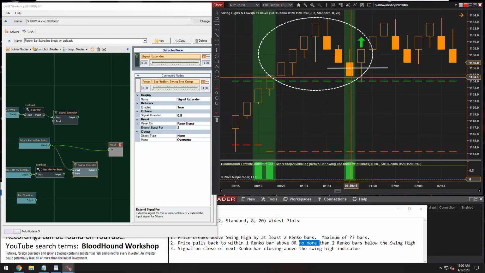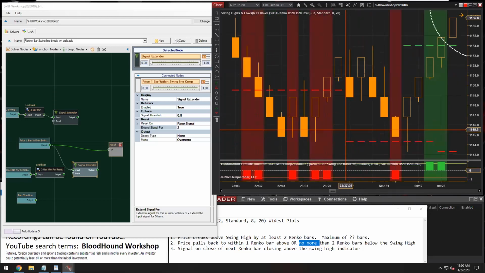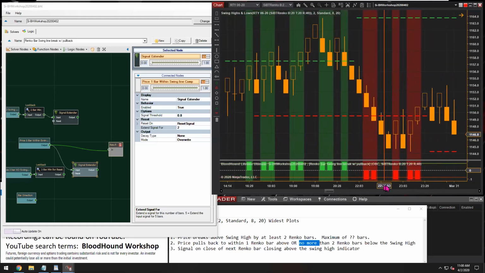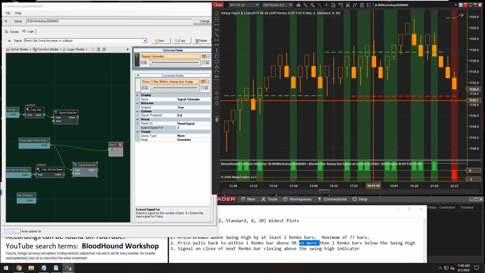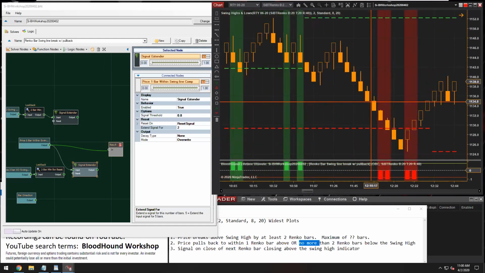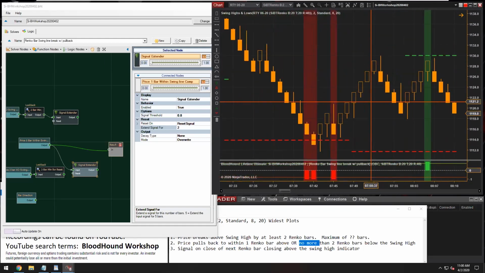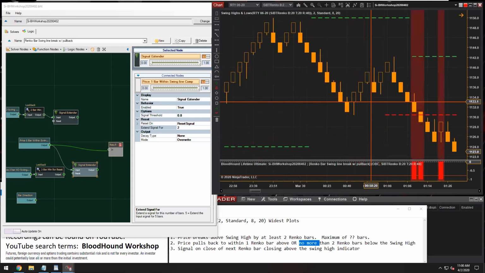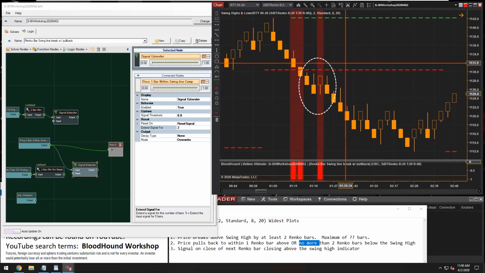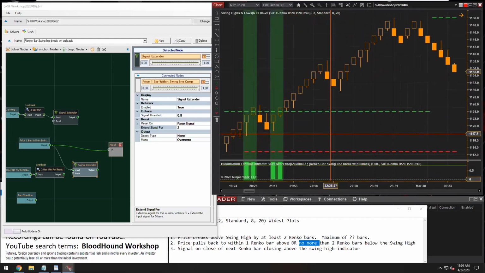So what we want to do is take this signal and extend it forward a bar. Actually, no, that's not a good example. So that's part of one. And that right there will become another setup, another signal.